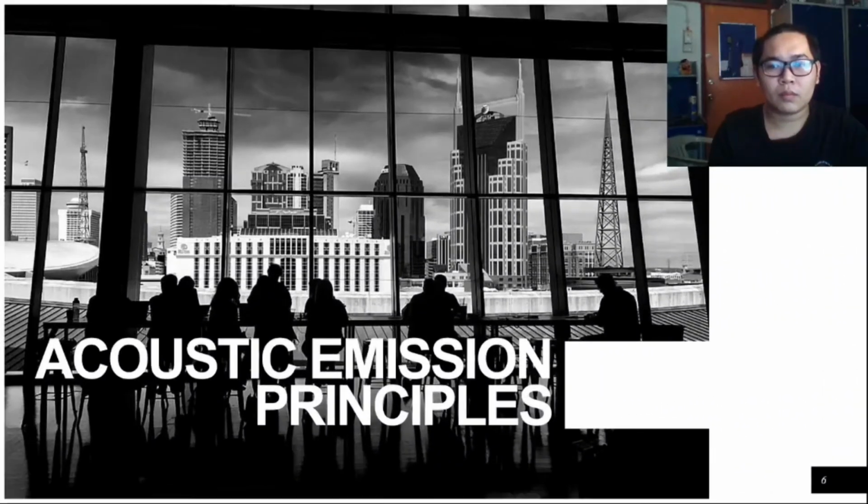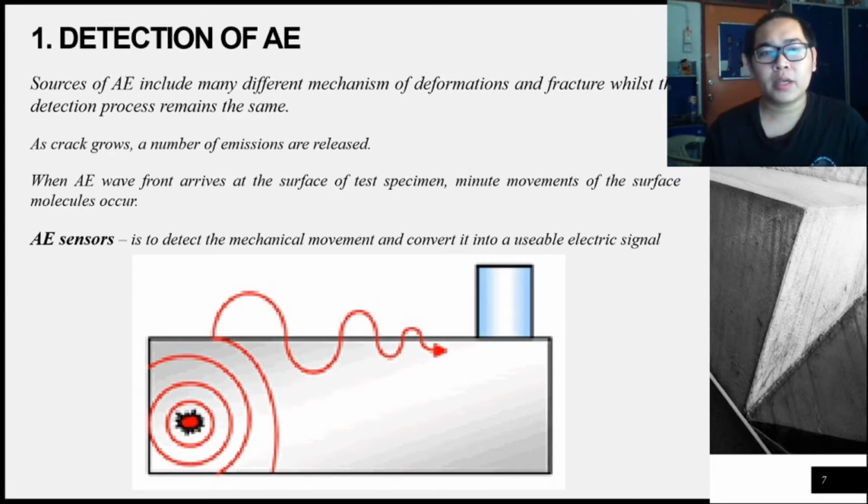Thank you. So now I'll be presenting the acoustic emission principle, where generally AET has four stages of steps. The first one is detection of acoustic emission, where sources of AE include many different mechanisms of deformation and fracture, whilst the detection process remains the same.